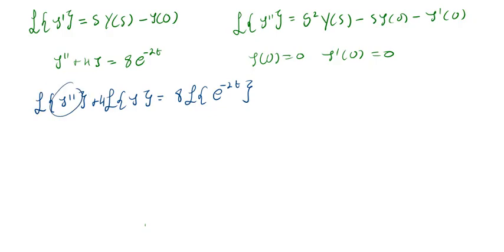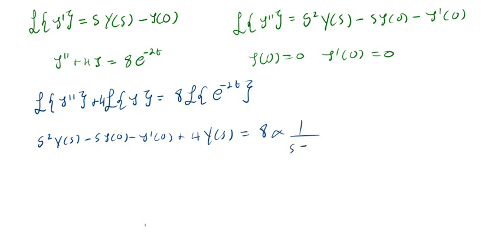So for this one, it's basically s squared times Y of s minus s times y of 0 minus y prime of 0 plus 4. And by the way, the Laplace transform of y is just Y of s, so it will be Y of s, equal to 8. Laplace of this is basically 1 over s minus a, but our a is minus 2, so that will be plus 2. So it's just 8 over s plus 2 like that.